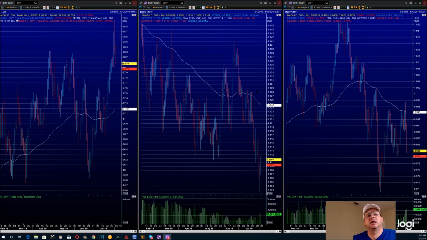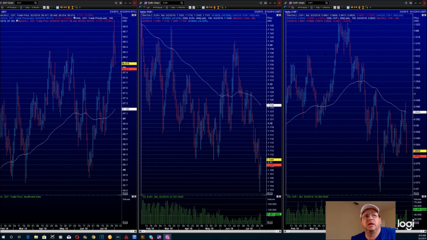For me, it's kind of easier to project the future support and resistance. When it comes to the Swiss franc, that's a little bit different story.